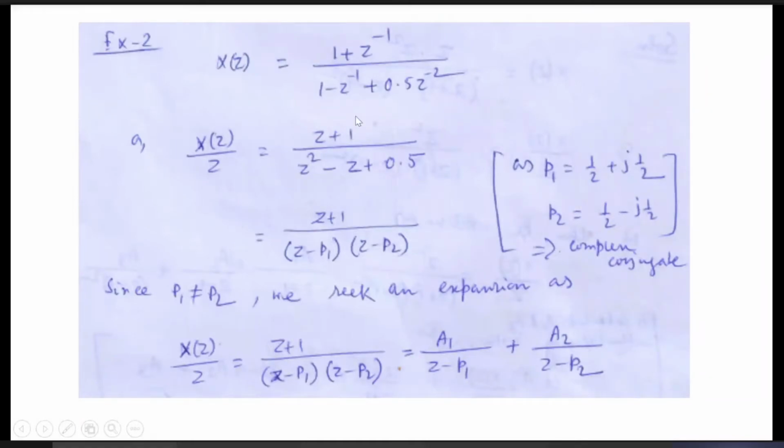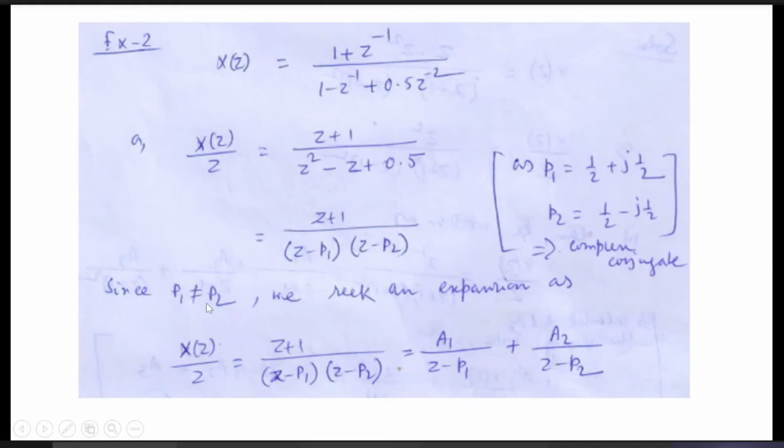Since we have to take a common z from the numerator and put it on the left hand side to make it X(z) by z, it becomes z plus 1 divided by z square minus z plus 0.5. Now factorize this expression, we get z minus p1 into z minus p2, where p1 and p2 are the complex conjugates, half plus j into 1 by 2, half minus j into 1 by 2.